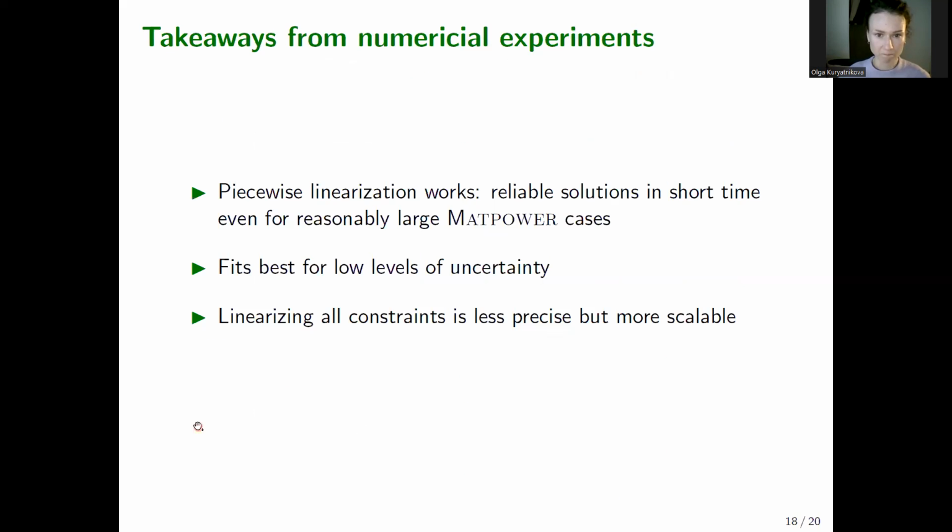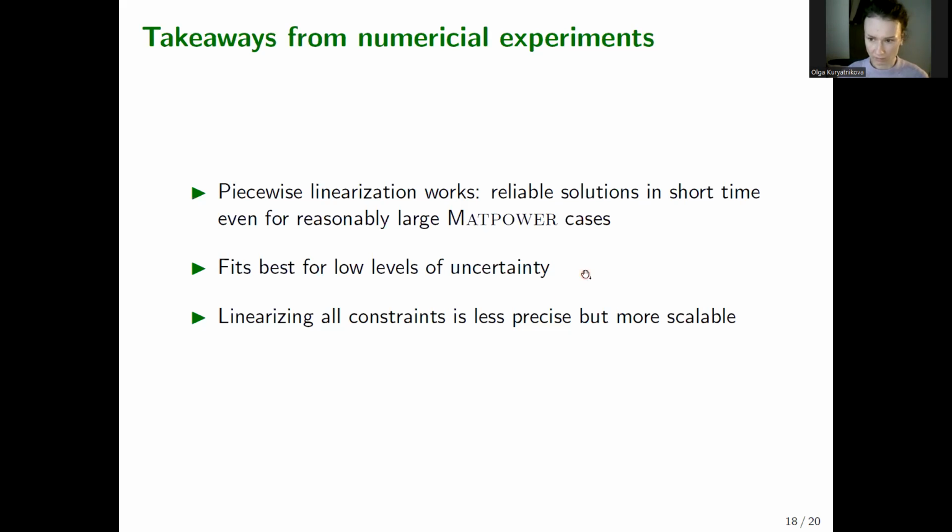So the main takeaways for us: we wanted to do something with decision rule, with this nonlinear decision rule, and it turns out that piecewise linearizing this decision rule works. It could be that Taylor expansion was not the best way to piecewise linearize it, but we were happy to see that at least the idea is promising.